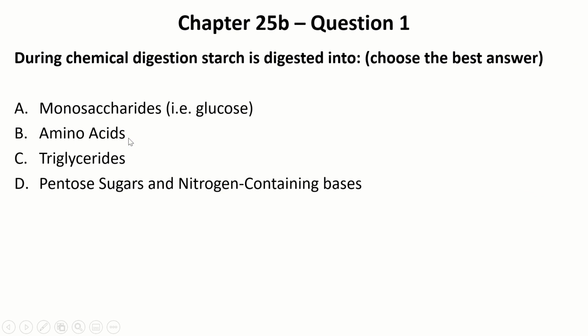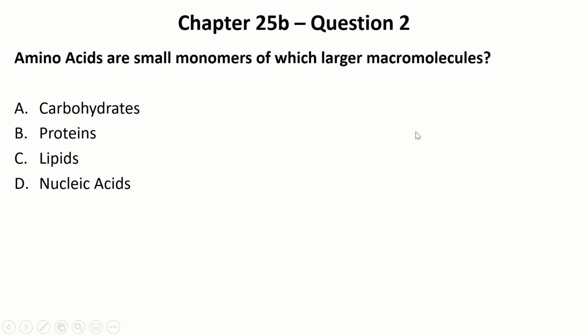And so as a review, during chemical digestion, starch is digested into, choose the best answer. Is it digested into monosaccharides, such as glucose, amino acids, triglycerides, or pentose sugars with nitrogen-containing bases? Question 2. Amino acids are small monomers of which larger macromolecules?